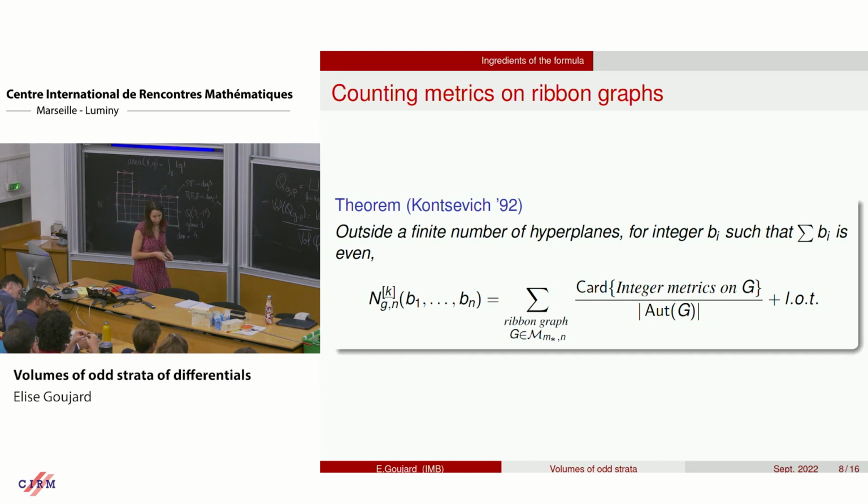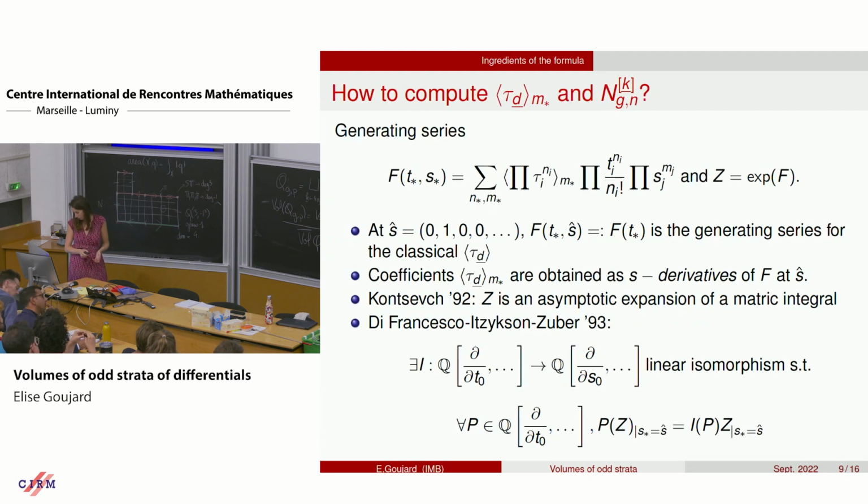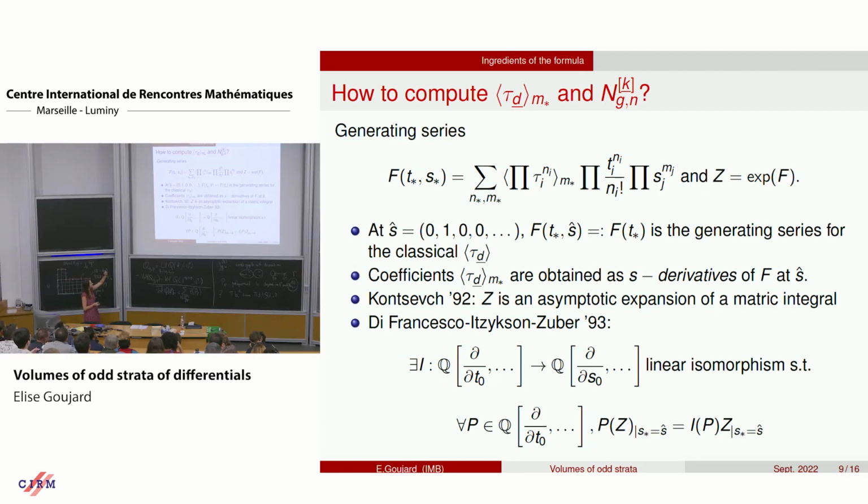Let me go to an example. Oh, no, not yet, sorry. I want to say before that how to compute these coefficients, these polynomials. Let me just give a few results about these numbers. You can build the generating series for these numbers.